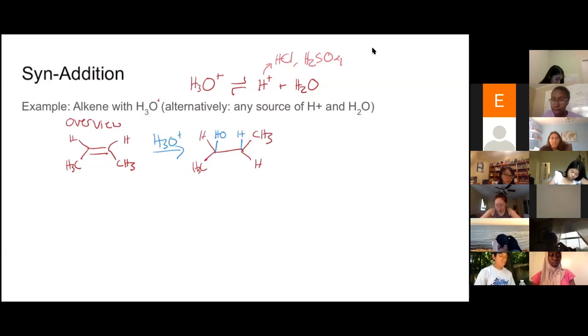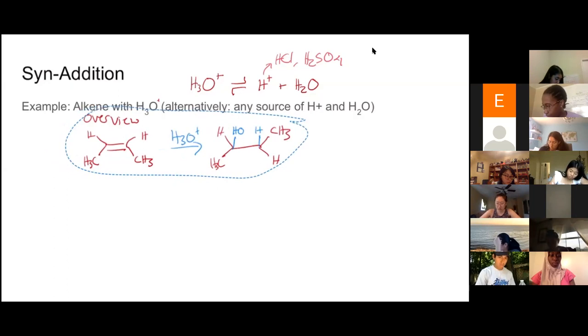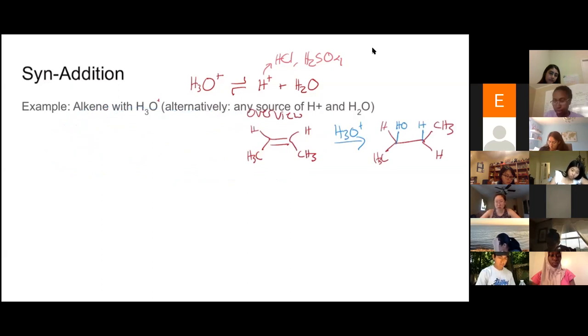And I didn't draw the product in 3D for the overview, but I will for the mechanism. So I'm just going to go ahead and move this overview up to the side. And let's go ahead and draw the mechanism for the reaction.